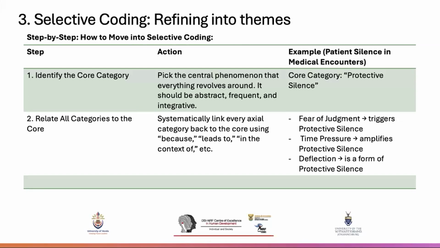And then the second step would be to relate all the categories to the core. And this is done by systematically linking every category back to the core using words such as because, leads to, in the context of, and many others. And this is where you get to link up various codes so that they can start making meaning.